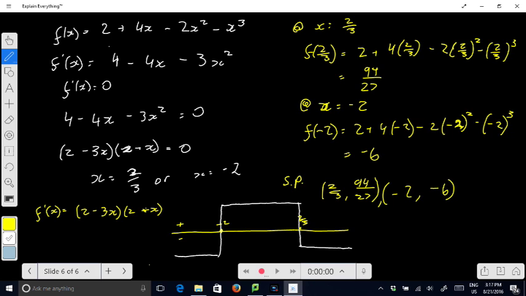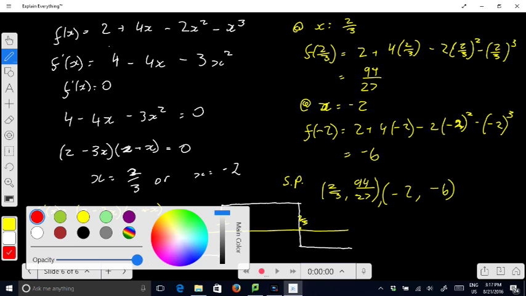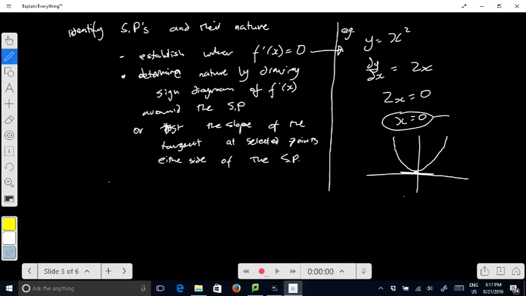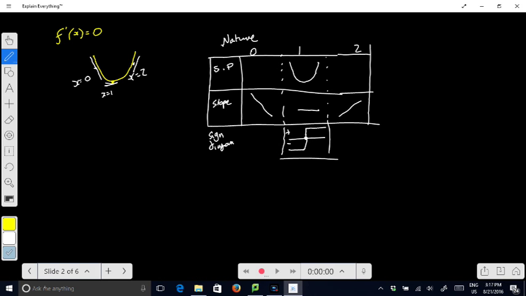So in this case, we've got that kind of shape at -2, which if we go back to this slide here, is exactly the same as that one there, which means we've got a local minimum.